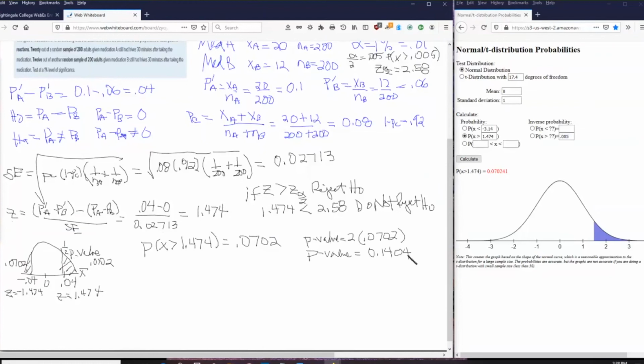of 0.1404. And then just to show you, that's for our z-value, but we could also have used the 0.04 value with the given standard deviation.